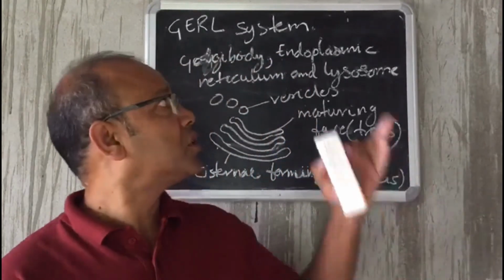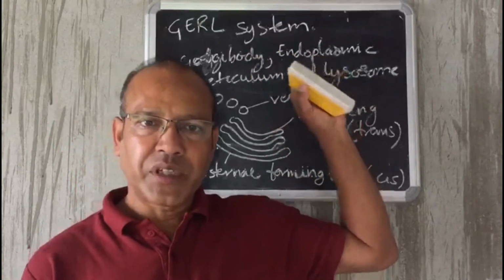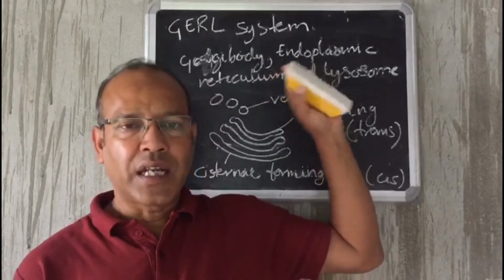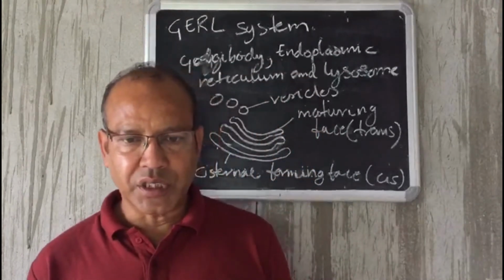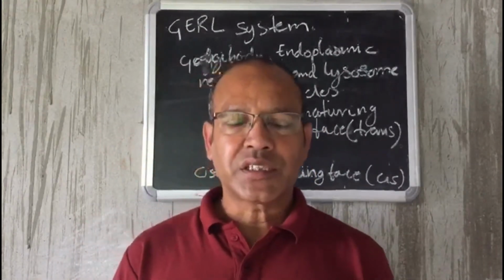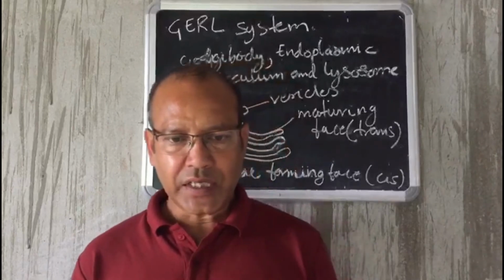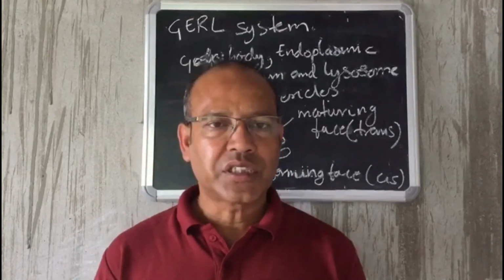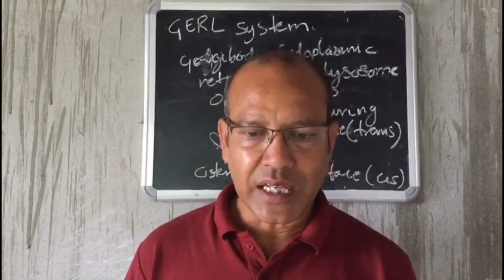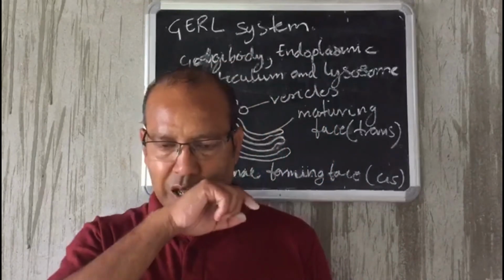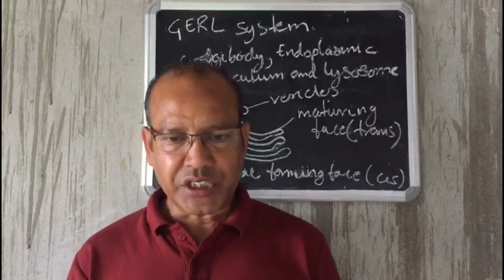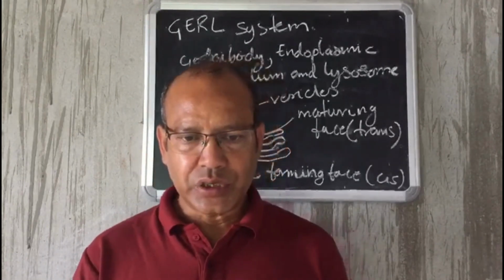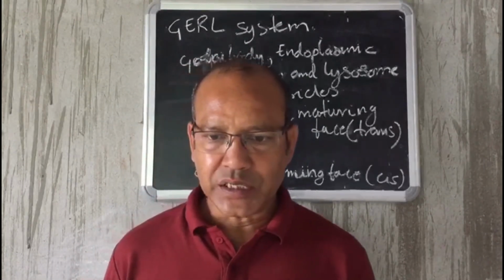All these structures, the Golgi body, endoplasmic reticulum, and the lysosome, work together as a unit in the process of secretion. The secretory vesicles contain acid phosphatase and enzymes, and this is concentrated in the cisternae and sent out to the place where it is required.